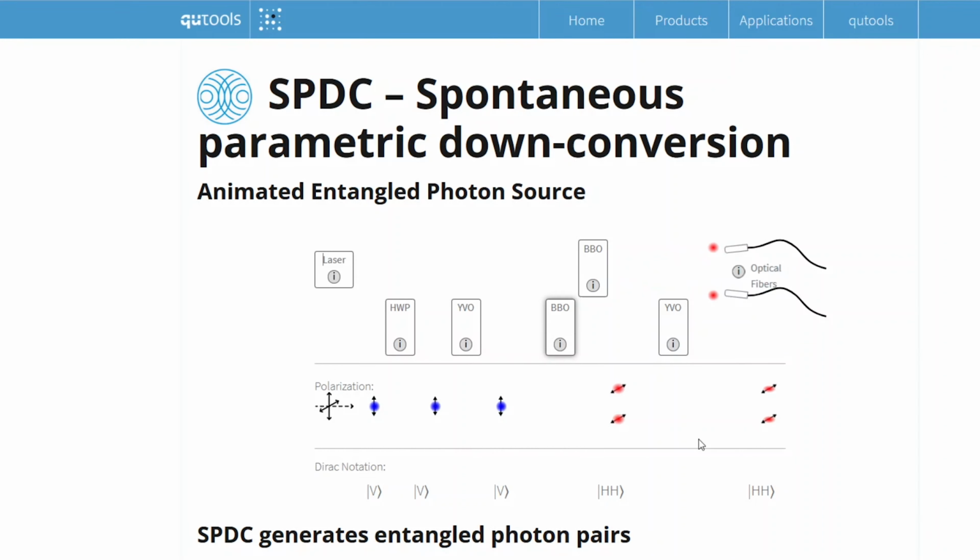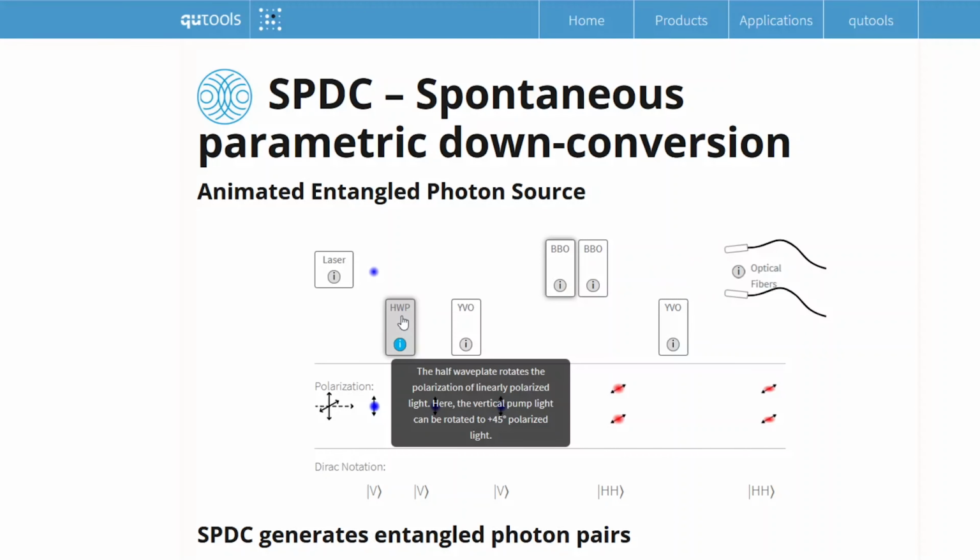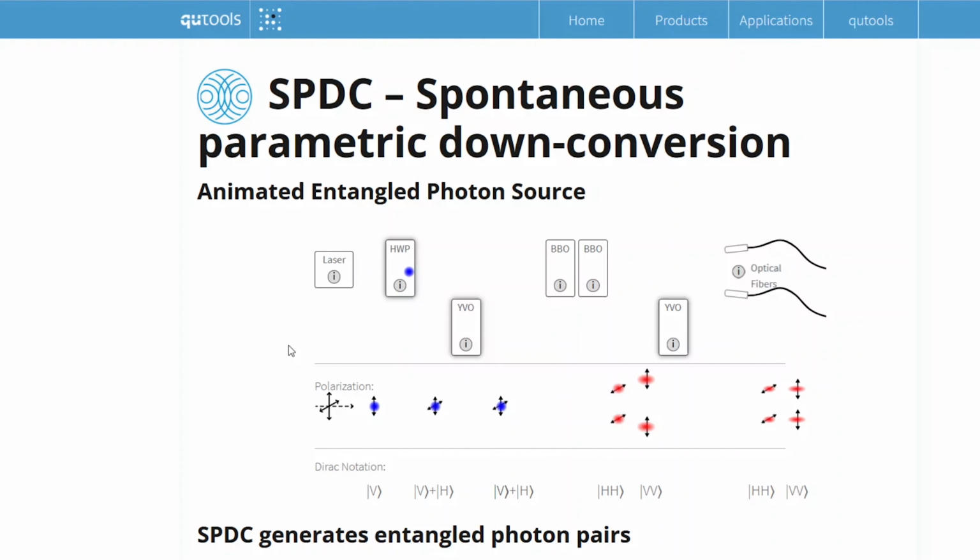So if we now insert another BBO crystal with its optical axis rotated by 90 degrees with respect to the first one, then we have to make sure to be able to pump the second BBO crystal by inserting a half-wave plate into the pump laser, so that we change the pump polarization in a way that it now can activate both of the BBO crystals.